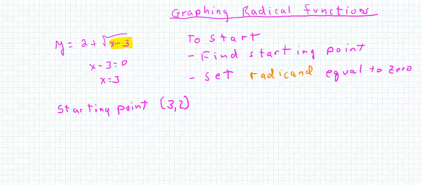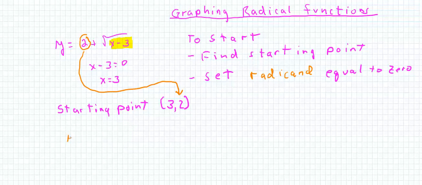Well, when x is 3, 3 minus 3 is 0. Square root of 0 is 0. 0 plus 2 is what y is. Y must be 2. It's always going to be this number. That's always going to be the y-coordinate of our starting point.